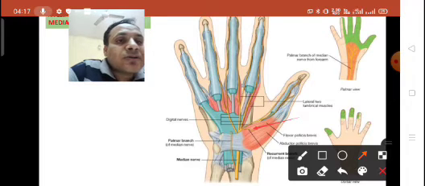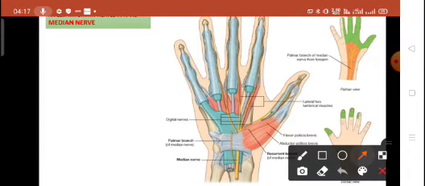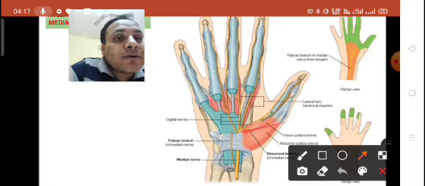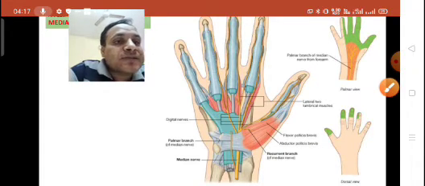The recurrent branch arises from the lateral division of the median nerve in the palm, curves backwards towards the distal margin of the flexor retinaculum, and supplies the thenar muscles.